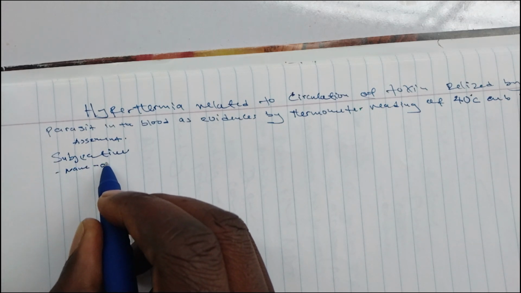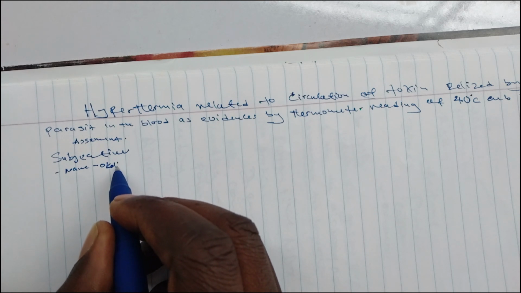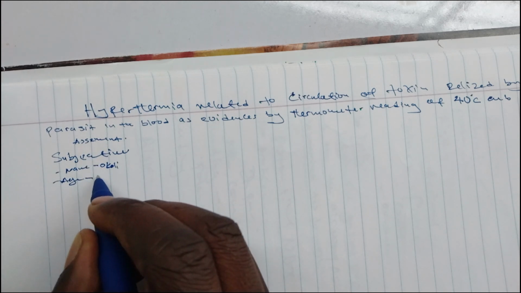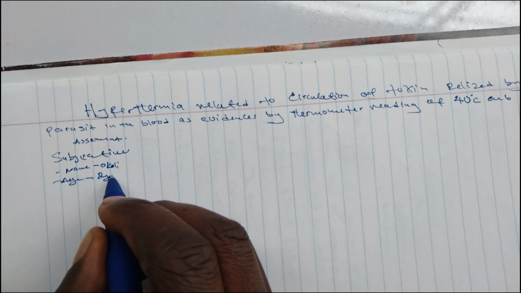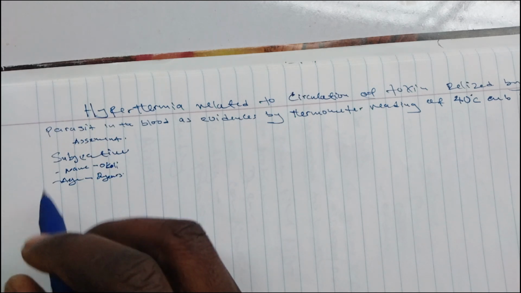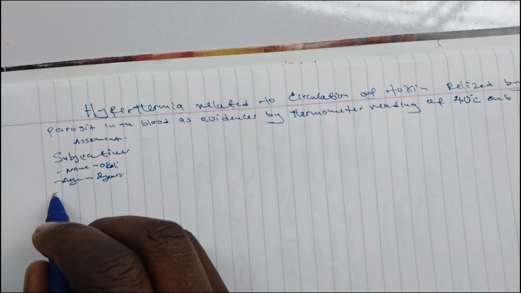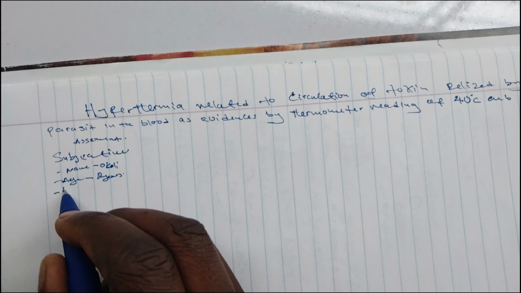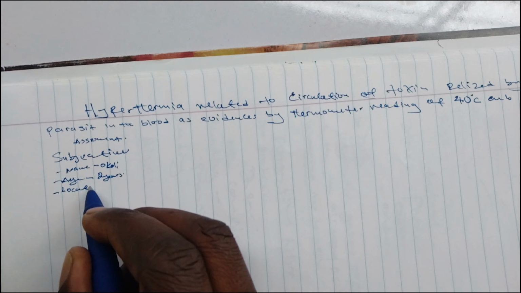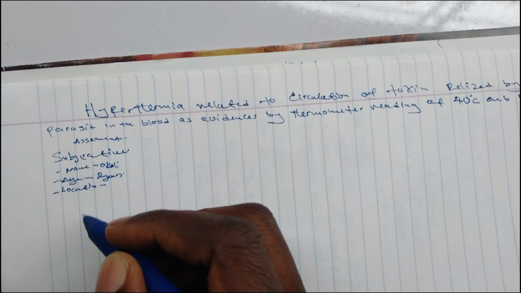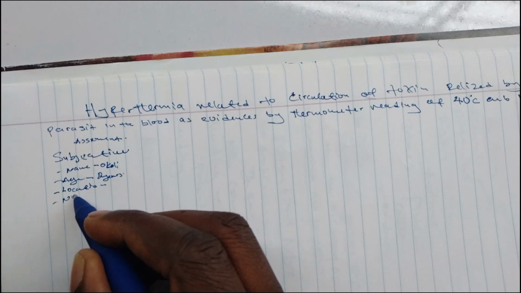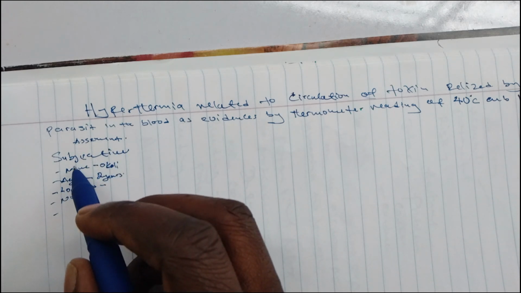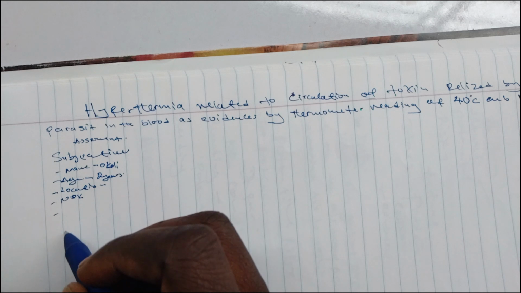Maybe the name is called Okoli, and then the age. The age could be like 2 years. So we're asking the attendant because this one is the child. Then we ask for the location where the person is from. Also enter next of kin. So all the data that you have to put under subjective, you list them down.